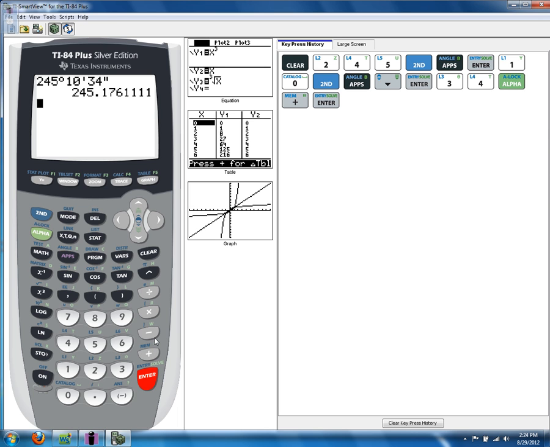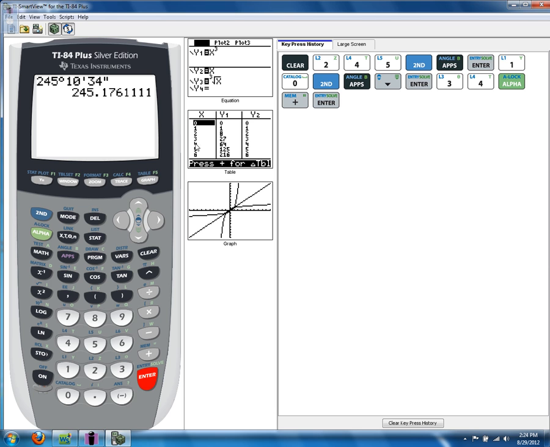So that's 245.176 degrees. So this converts it from degrees, minutes, seconds to just degrees in decimal notation. When I did it, I came up with 0.175, so I just had to do it how I rounded.